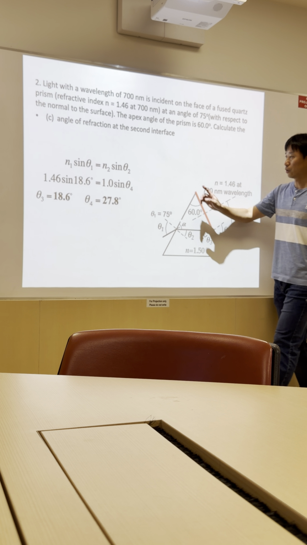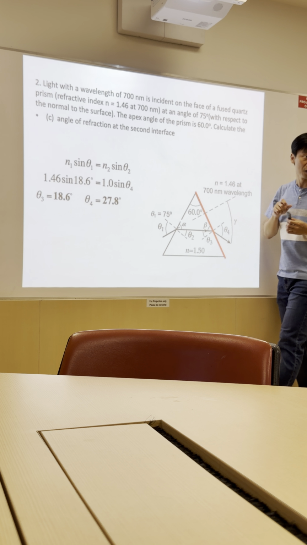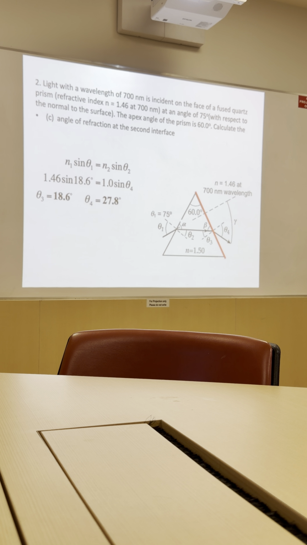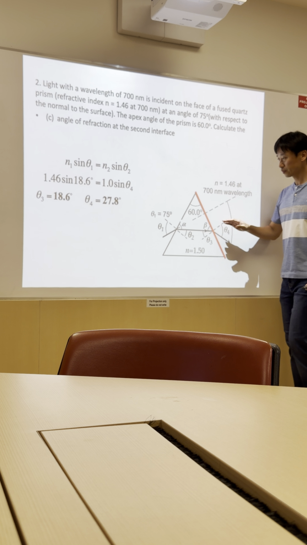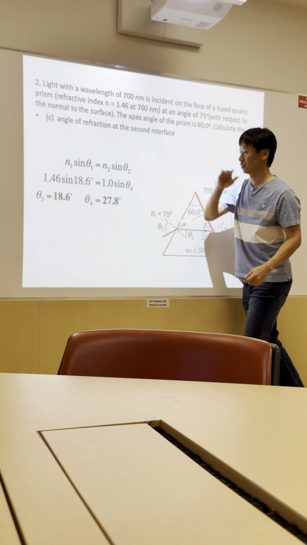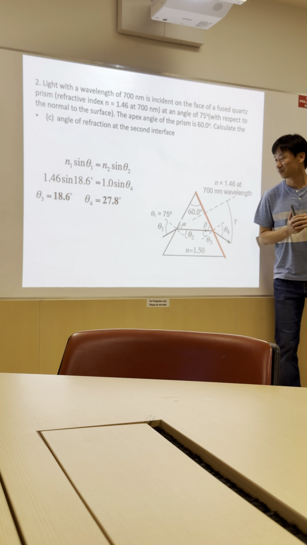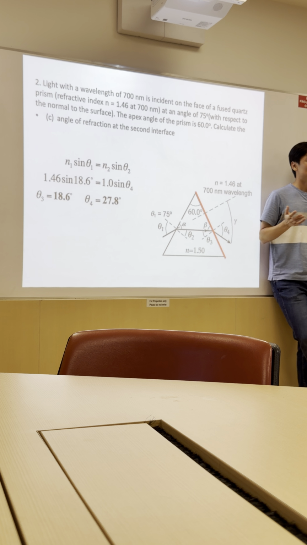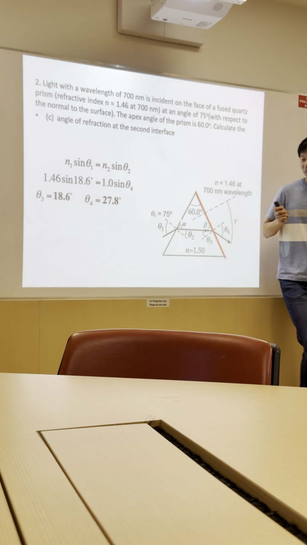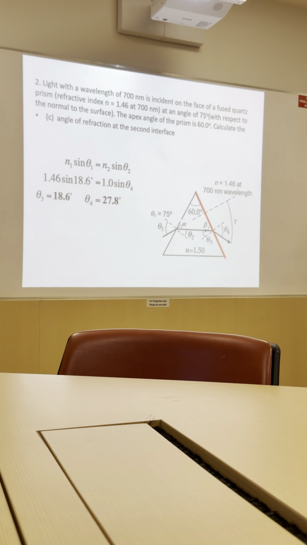Then, outside, n2 is air, so n2 is 1.0. Then, eventually, you can calculate theta 4: 27.8 degrees. Very easy, right? Okay, so I hope you can be more confident in this physics class.